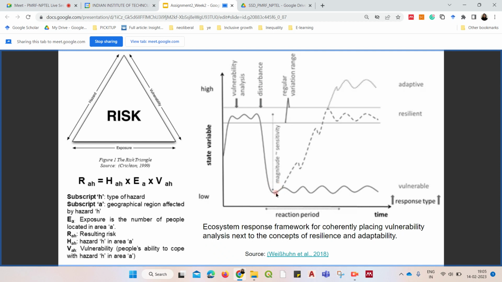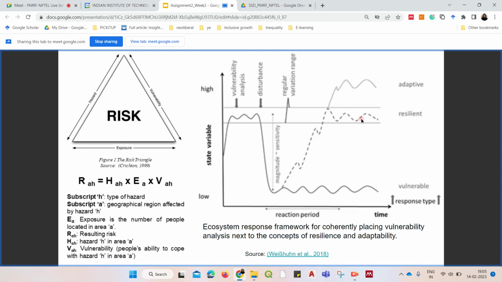So it has several choices after the disturbance occurs. It can remain at that low state. This will happen if the system does not recover. Another thing it can do is that it can recover and go back to its normal state.